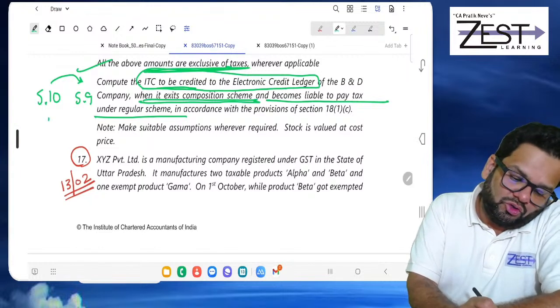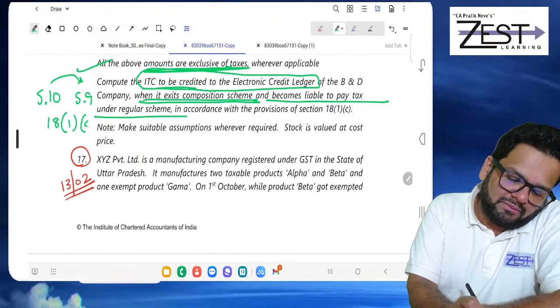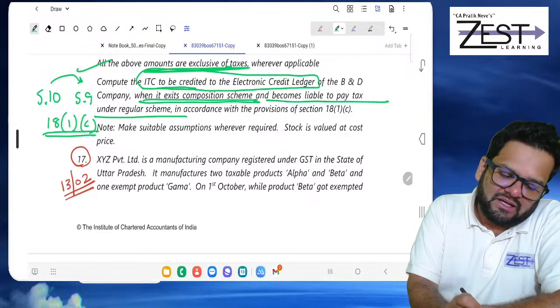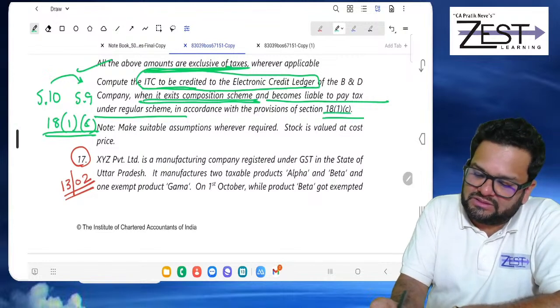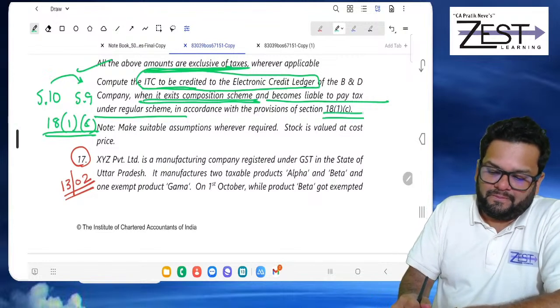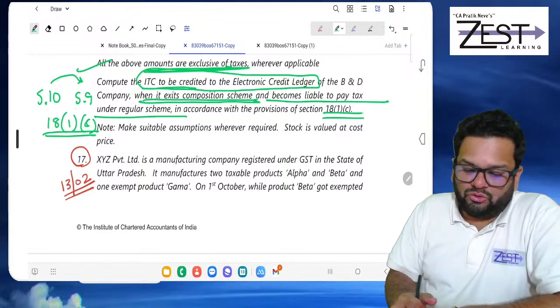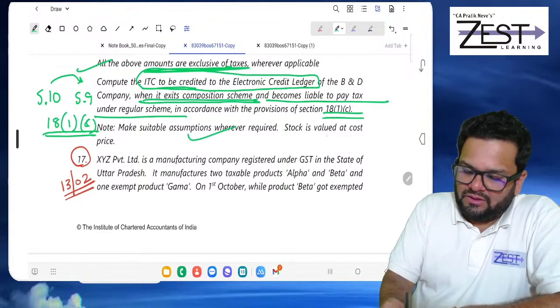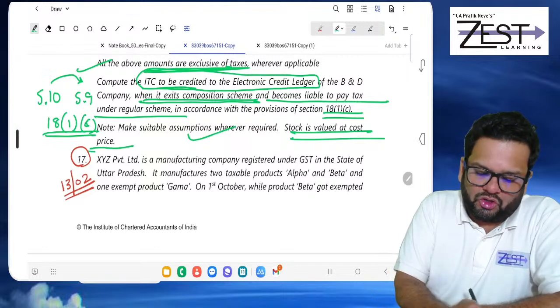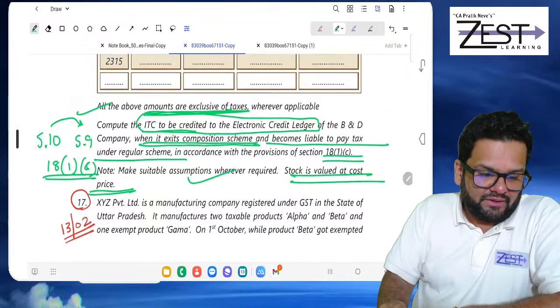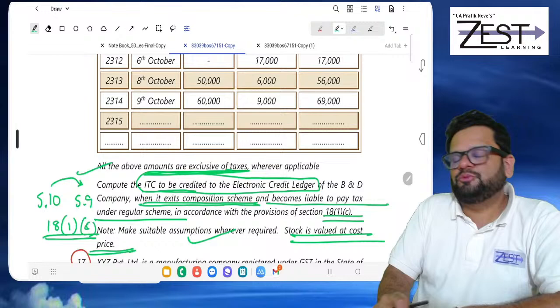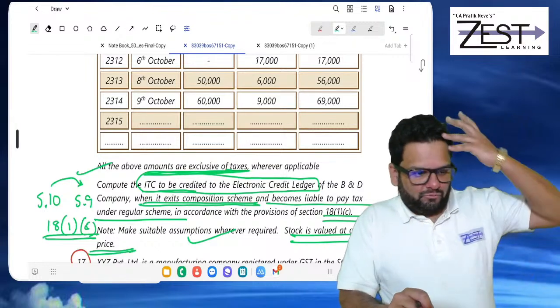So you know you have to calculate ITC admissible in special circumstances as per 18(1)(c). Make suitable assumptions wherever required. Stock is valued at cost price. Did you understand, all of you? Very nice question.